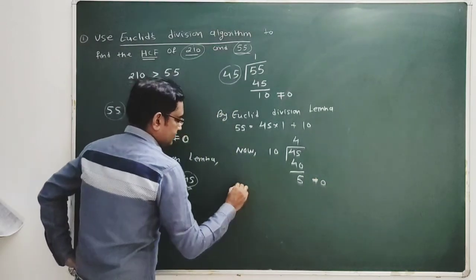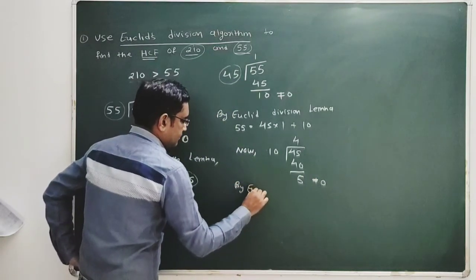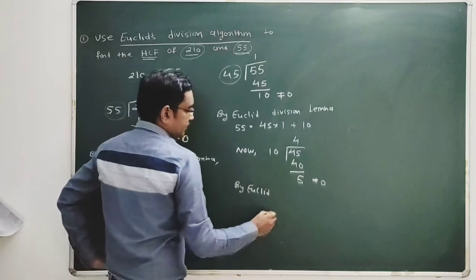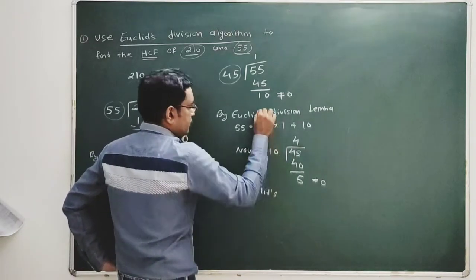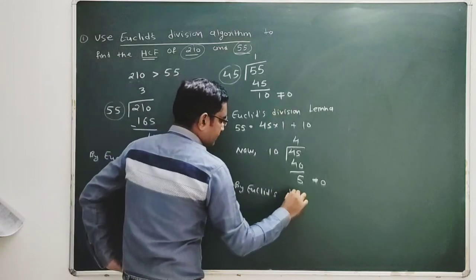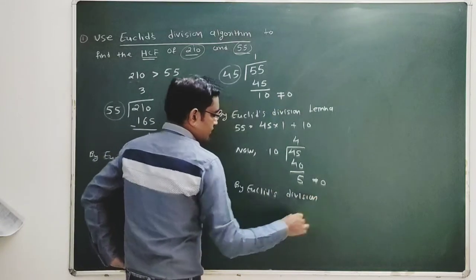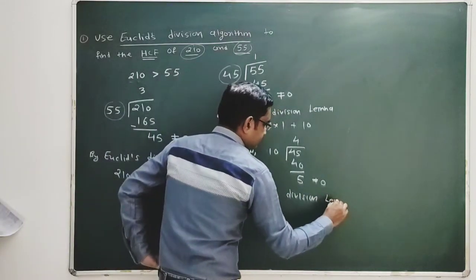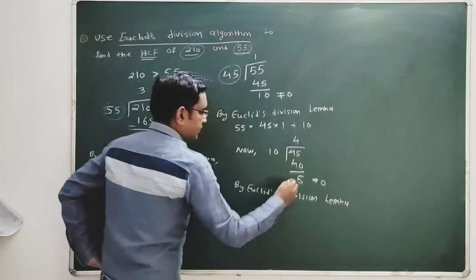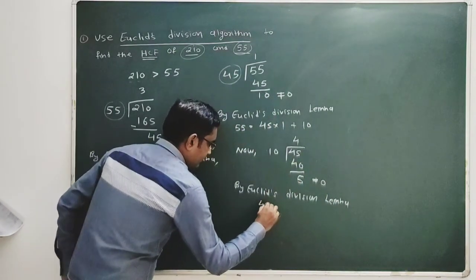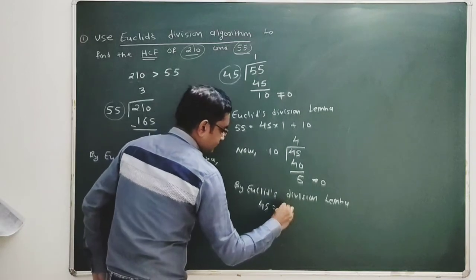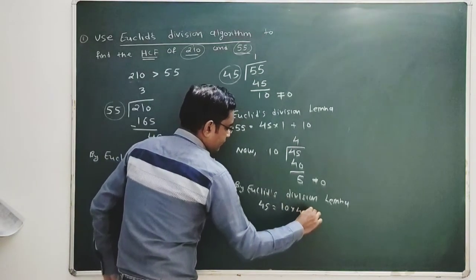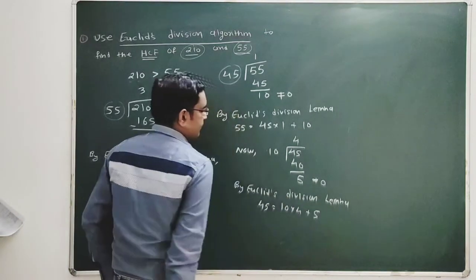So by using Euclid's division lemma, we can say this 45 is equal to 10 into 4 plus 5.